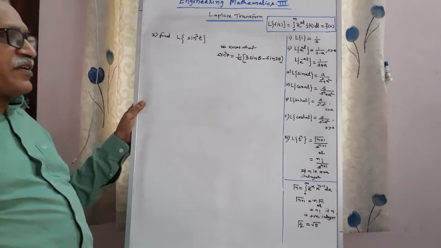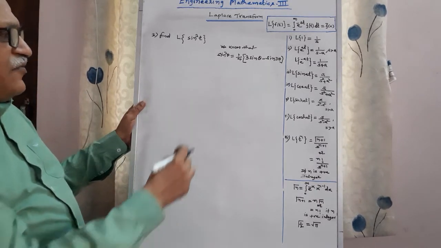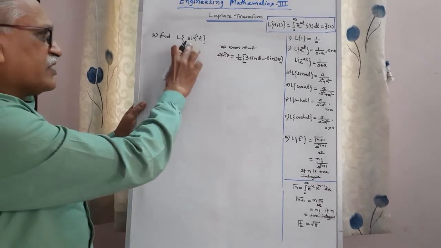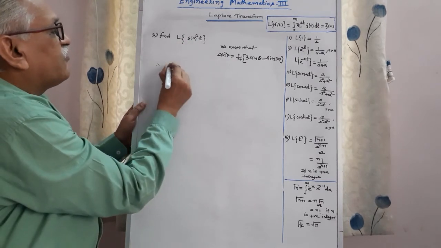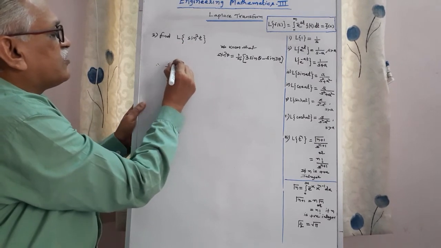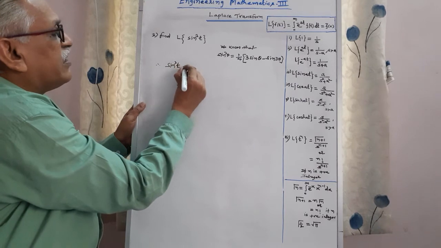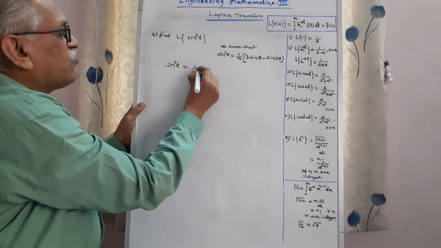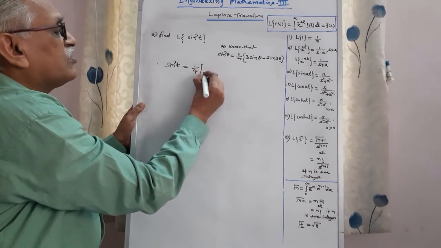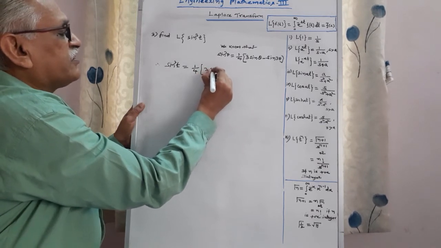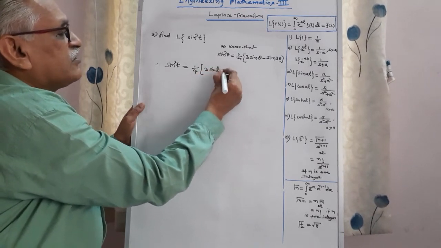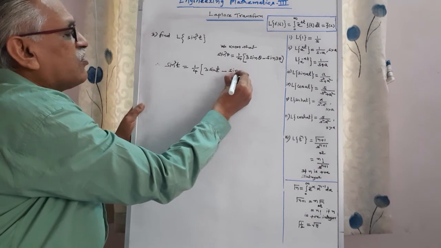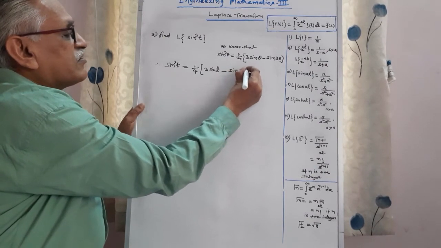Standard result from trigonometry. And therefore, using this, we convert: sin cube t I can write as 1 by 4 times (3 sin t minus sin of 3t).